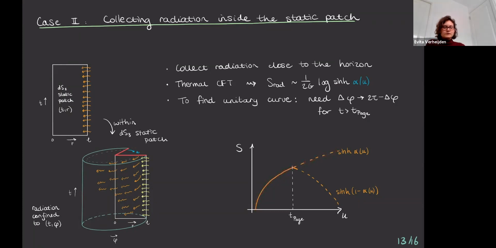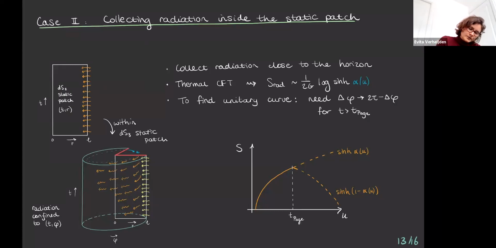And thus, to find a unitary curve, what we should do is something similar as I mentioned for our BTZ computation, where there should be a jump in a minimal surface. So in the 2D system, this would mean that you would have to use the island formula to find this unitary curve, contrary to the observer at future infinity who naturally observes a pure state.